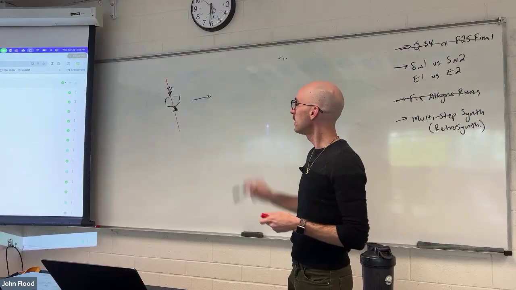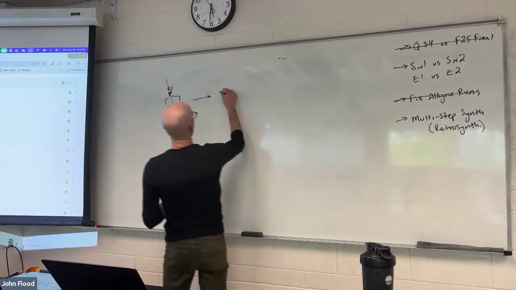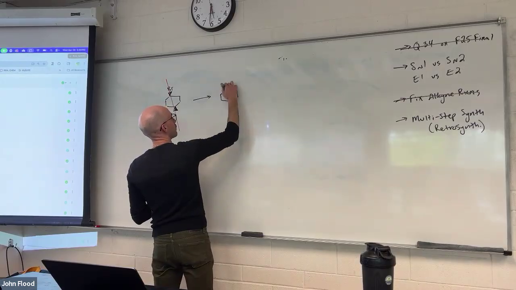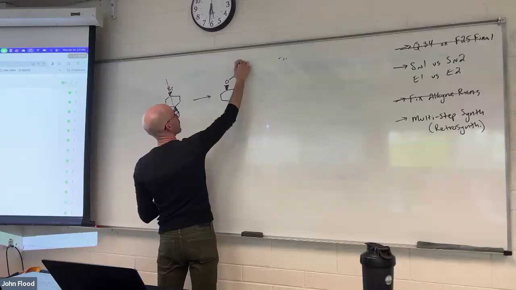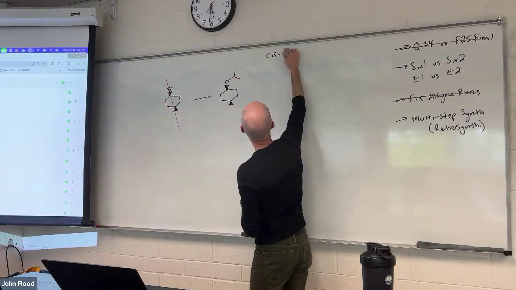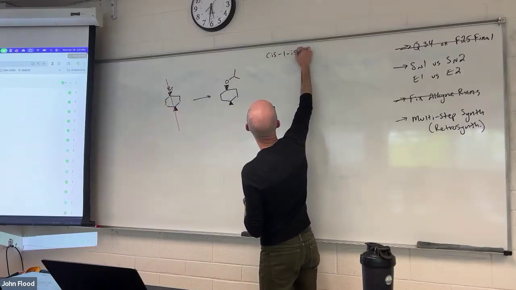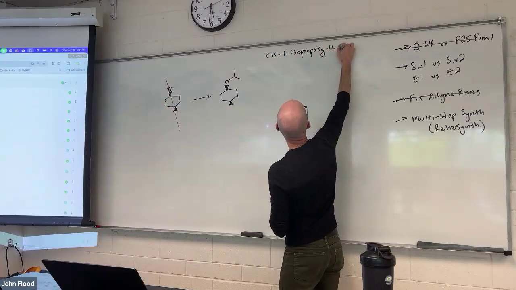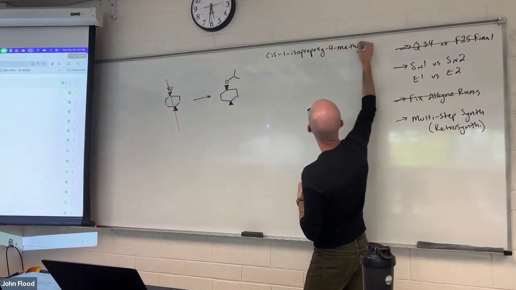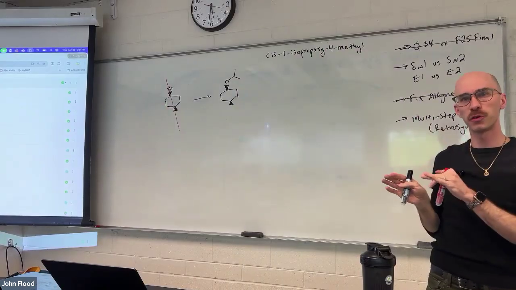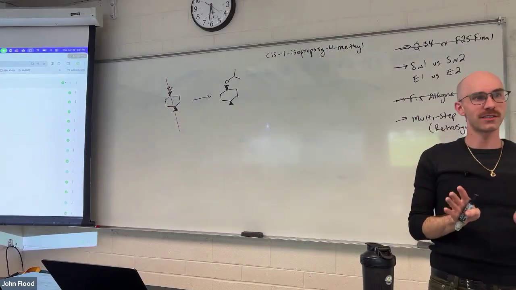Good. Let's say I want to start with this, and I want to make an isopropoxy. I'm going to name that for you guys. It's an isopropyl group connected off of an oxygen.